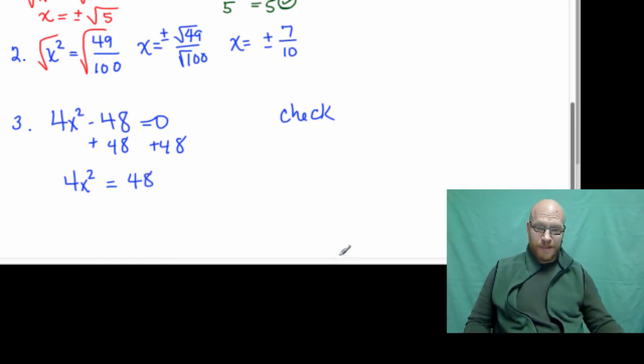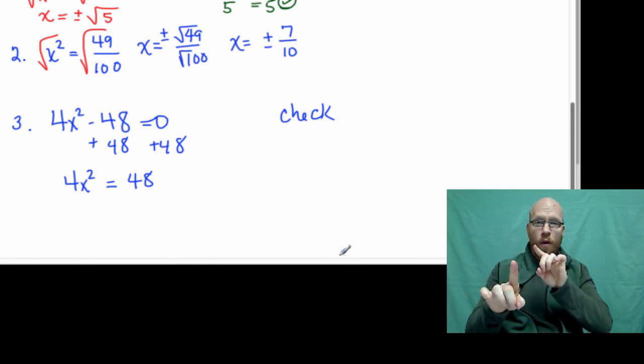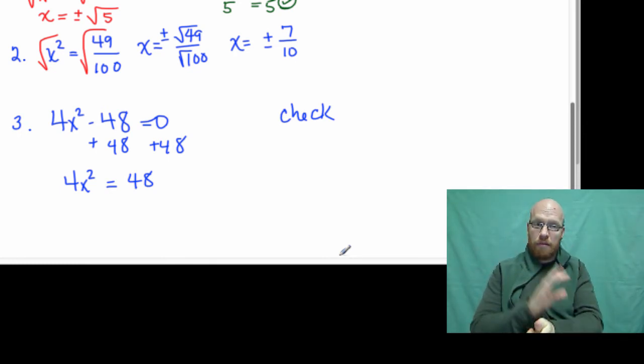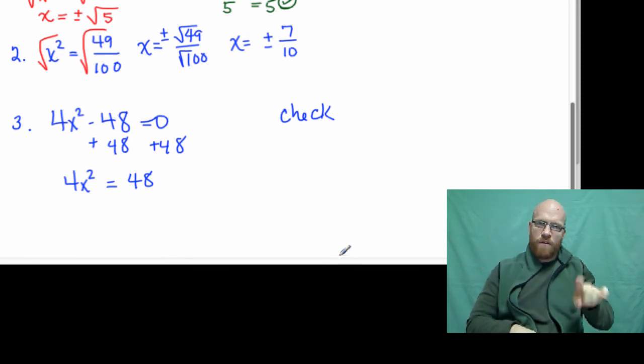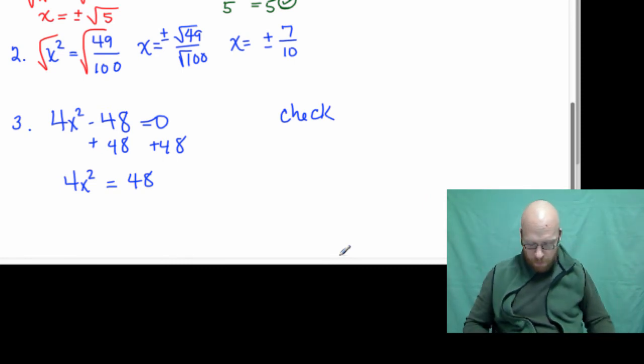Okay, now remember, we have 4x squared, and we use our equation solving skills. We haven't forgotten those yet. We're going to divide by 4 on both sides. We want the x squared by itself, and we'll go from there.